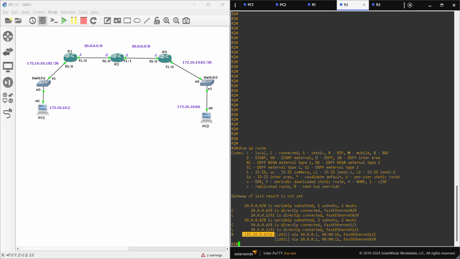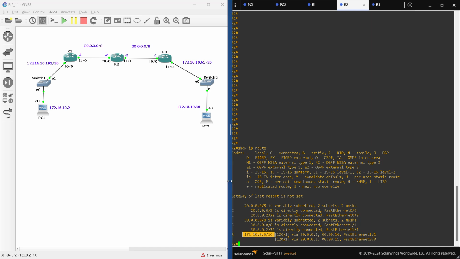But it does not have any specific information about the subnets of its own, because the topology here is discontiguous. We have two subnets, but they are separated by two different networks, 20 and 30.